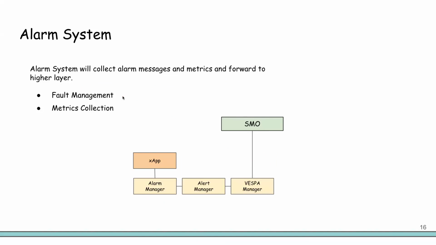So the person at the higher layer can know what kind of events occurred in the Near-RT RIC. Actually, it uses the alert manager to receive the message, then forwards it to the alert manager to transform the format, and then forwards to VESPA. Then VESPA can communicate with the service model orchestration.